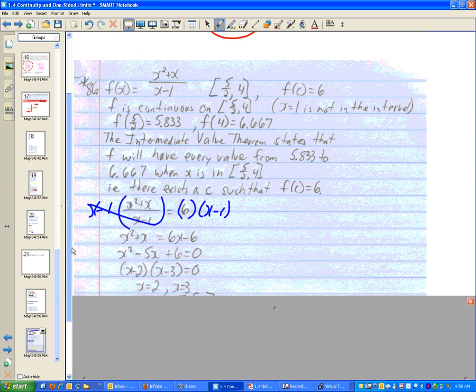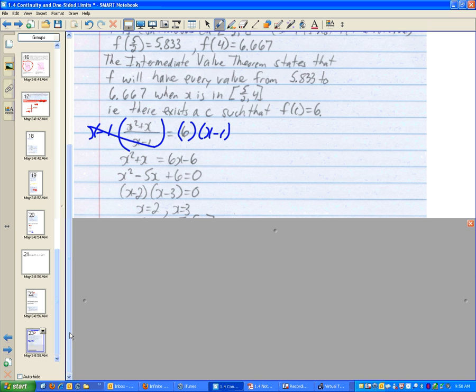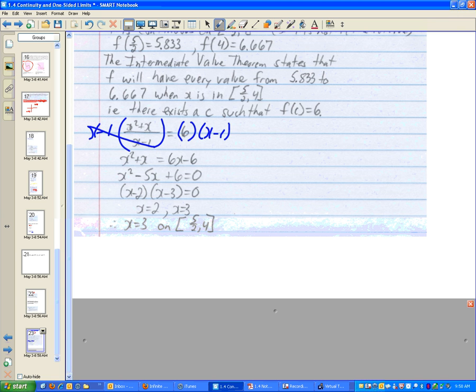We're finding the C. We're finding the x-coordinate that's between 2.5 and 4 that makes the theorem true. So which one's between 2.5 and 4? 3. All right, so the answer should look something like that.